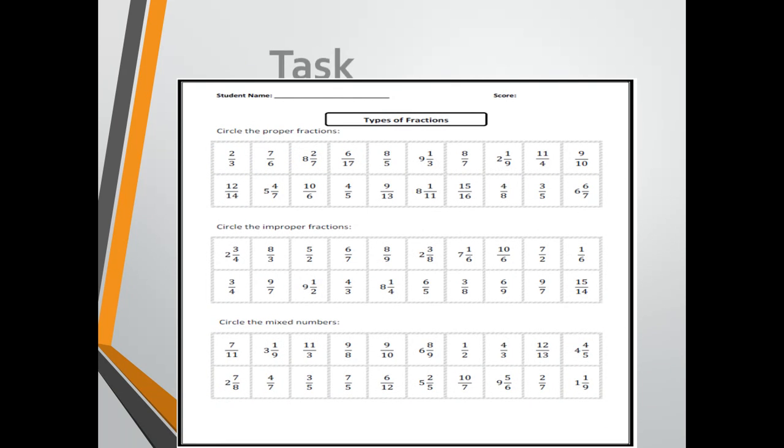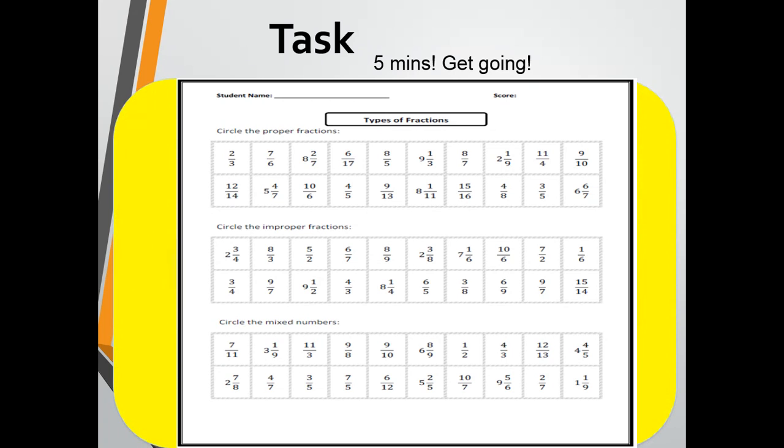Okay, in front of us we have an activity sheet. It's just going to take us 5 minutes to work on our activity sheet. Now, we have 3 sections in there, and in the 3 sections we have 5 minutes. Now, types of fractions. The first part says circle the proper fraction.